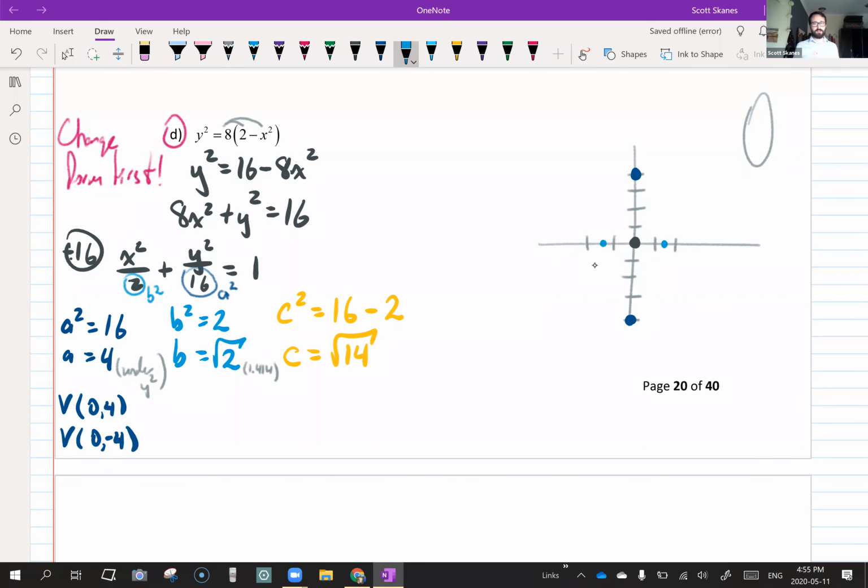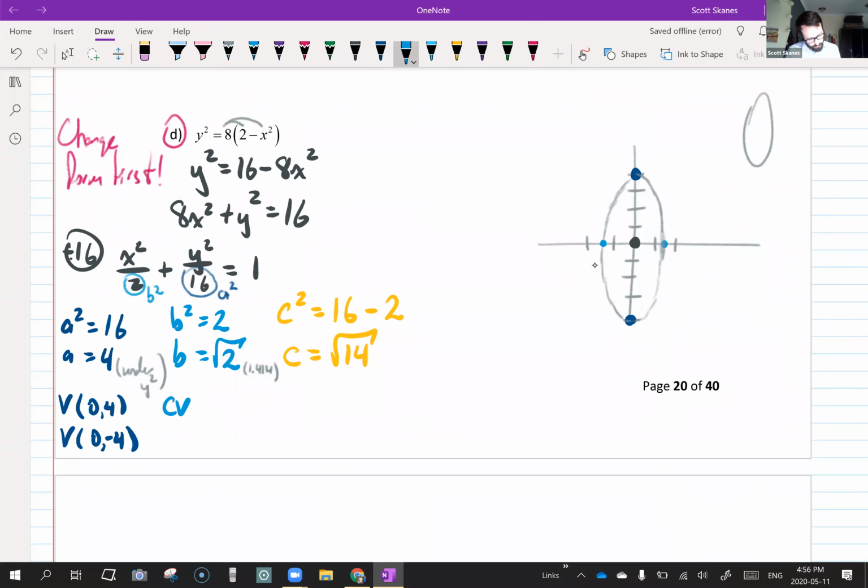And again, the sketch helps you understand what's going on, so don't be afraid to draw the sketch. Now that you have the vertices in both directions, you can make a sketch. Doesn't need to be perfect, but it should be at least sort of accurate. You know, do your best.